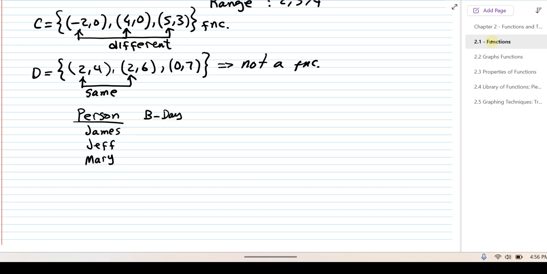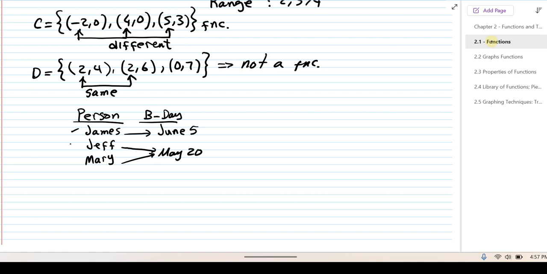Now suppose James' birthday is going to be on, whatever, June 5th. And then both Jeff and Mary have, let's say they were born on the same day. Could be possibly different years, but the same day. Let's say this would be May 20th.